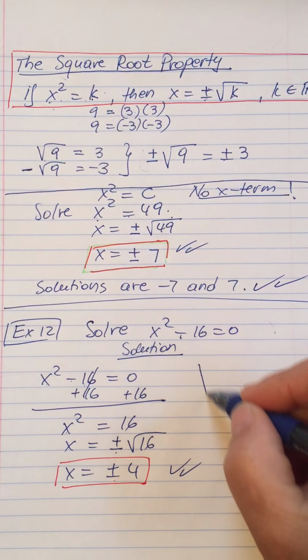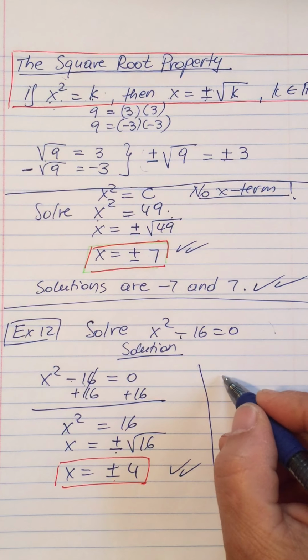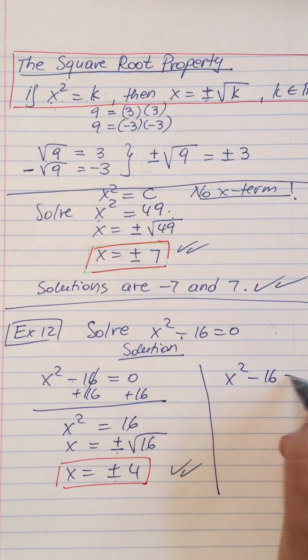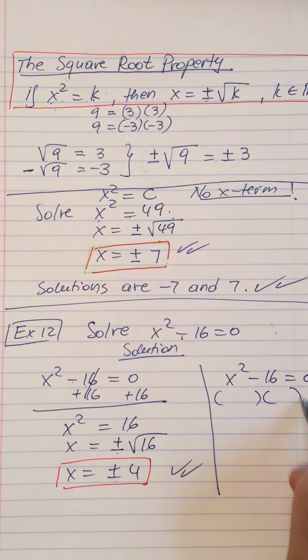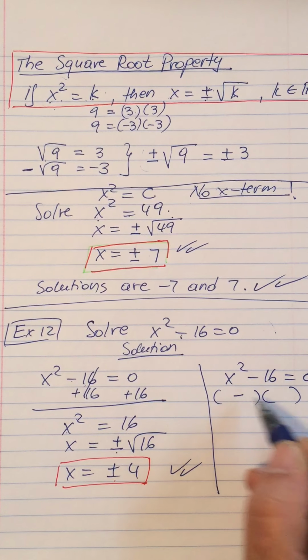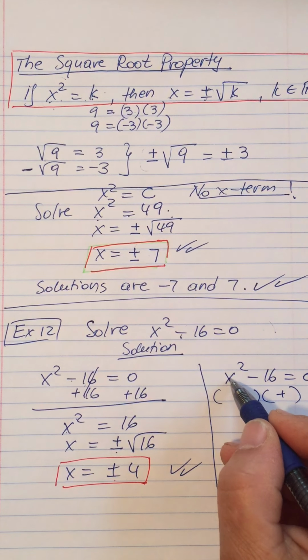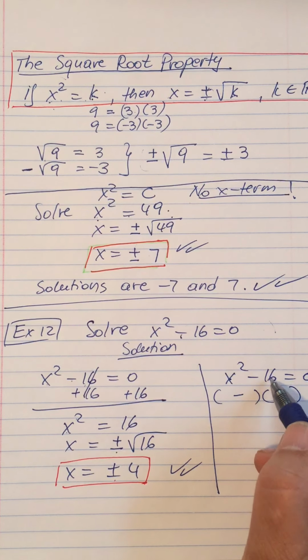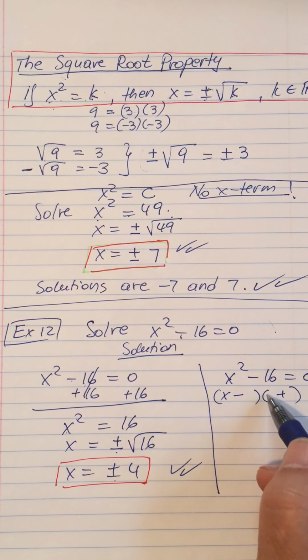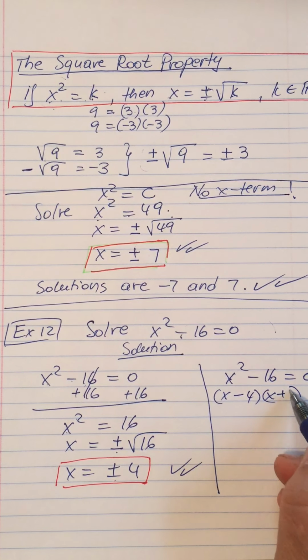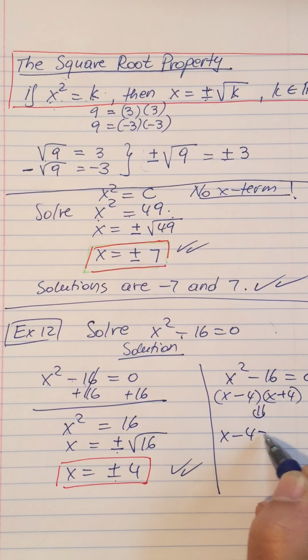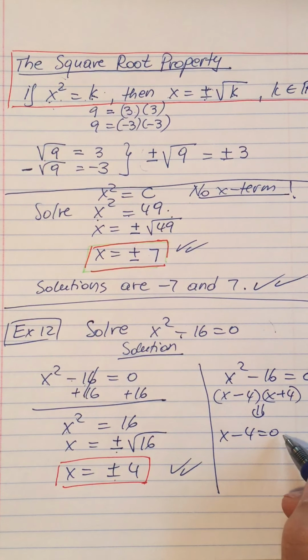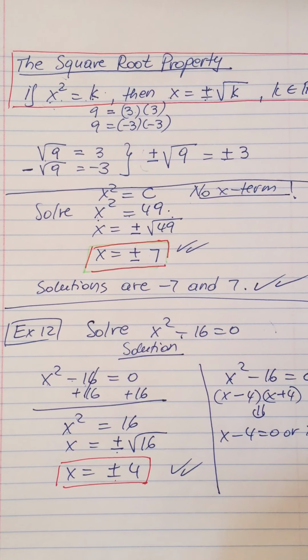Or I can use factoring. x squared minus 16 is 0. And I can factor this as the difference of two squares, one with minus, one with plus. The bases are x and 4, since x squared is x times x, and 16 is 4 times 4. Set each factor equal to 0. x minus 4 equal to 0, or x plus 4 equal to 0.